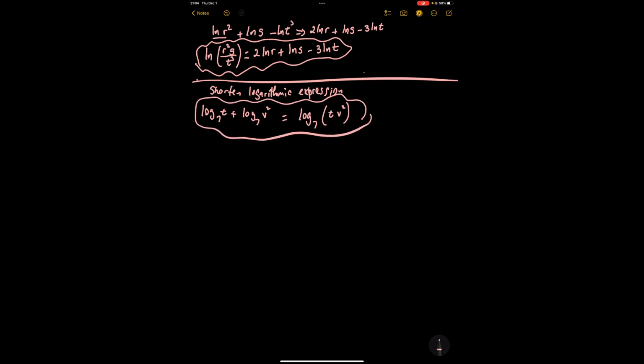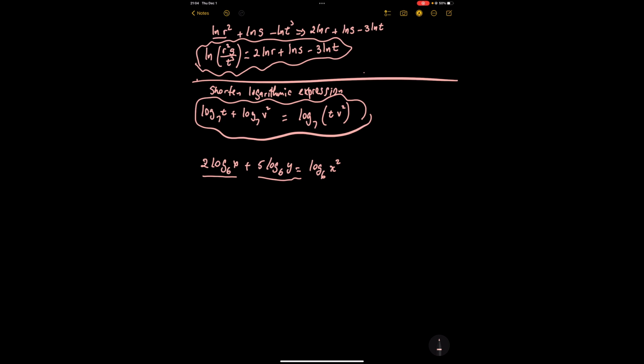Let's go something even a bit harder. Let's say we have 2 log 6 x plus 5 log 6 y. Well, we know that this is a power rule because we have 2 times the log, so we can make it a power. That will be log 6 x squared, right?